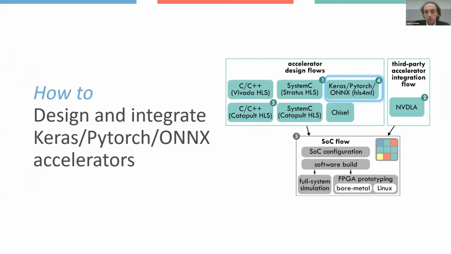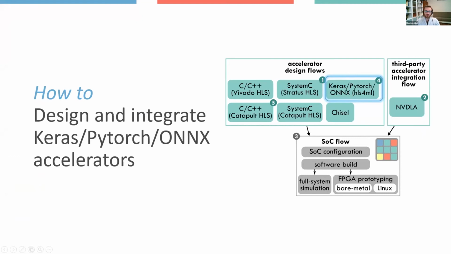So now we go and talk about the design flow for the application domain of embedded machine learning. Davide? Yeah. So as you can see, we go back to our figure for the tutorial.